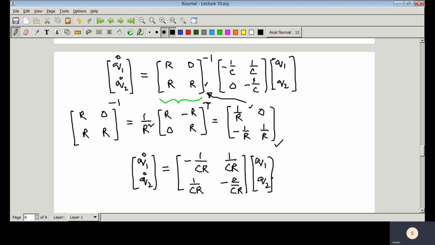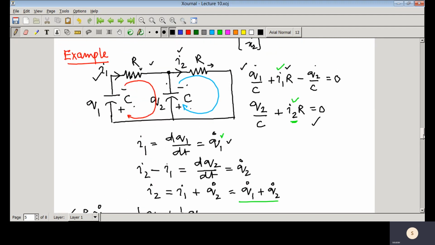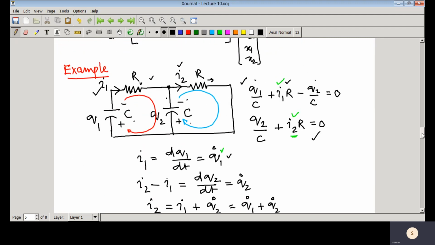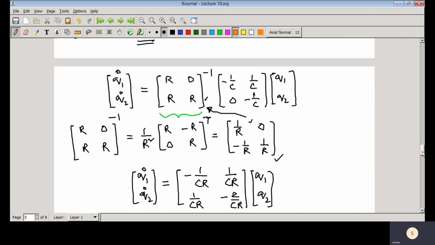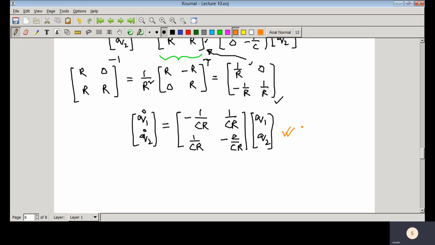So now you can see that this is the state space model of this particular circuit, where the state variables we have taken are q1 and q2, the charges stored in the capacitors, and we can have this state space model.